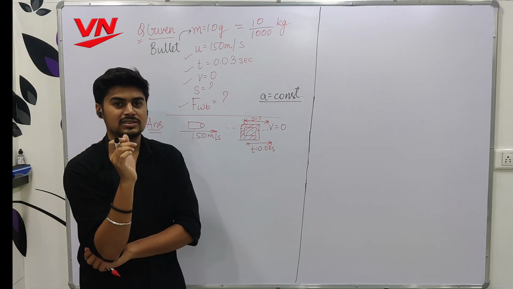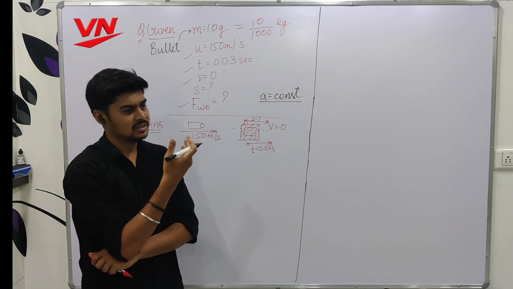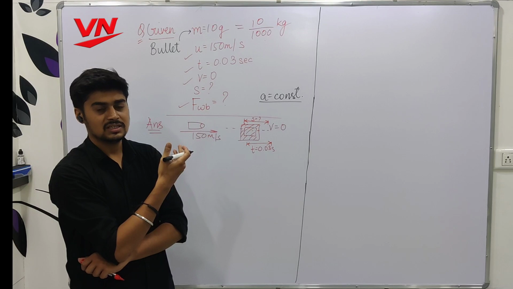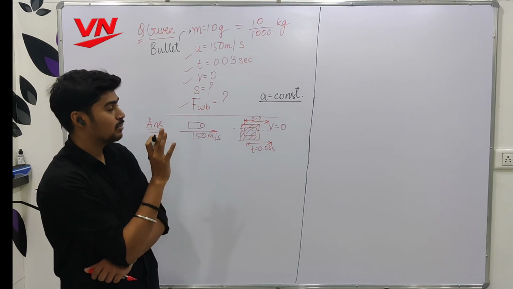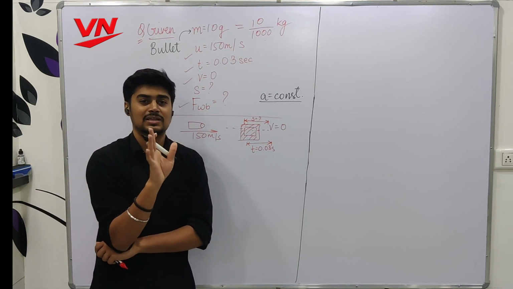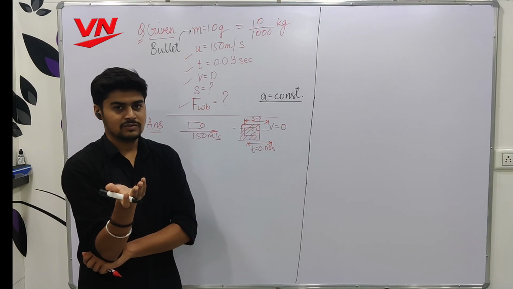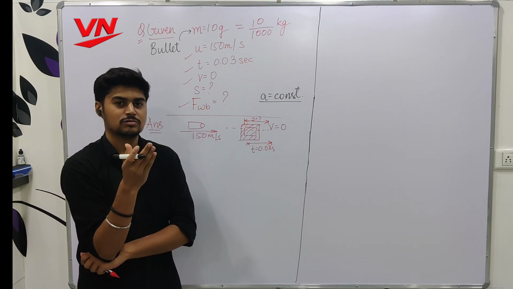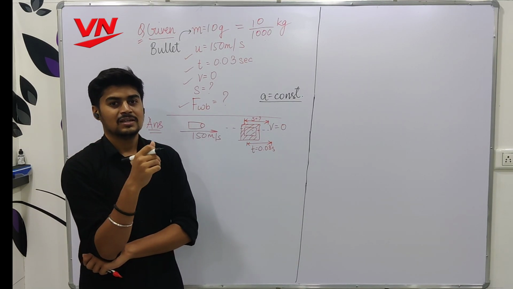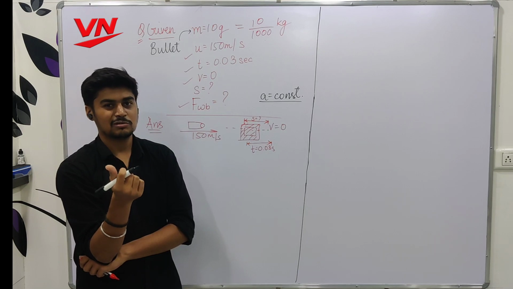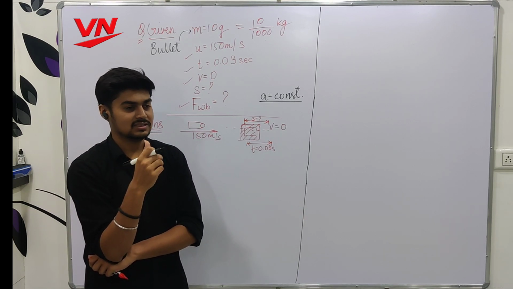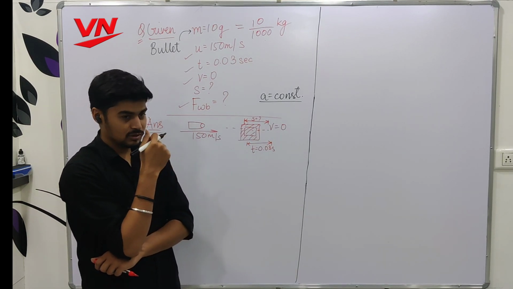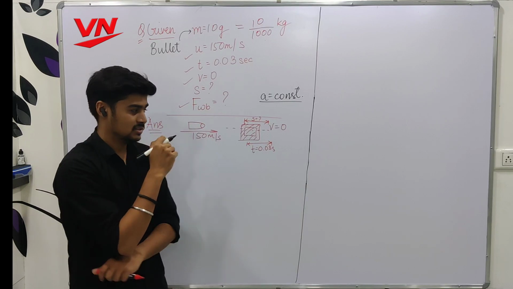S is equal to ut plus half at square, I will need acceleration. Other things I have, initial velocity and time, but to get the value of s I will need acceleration. From the third equation also, v square minus u square is equal to 2as, there are two variables. To calculate s I will need acceleration. So I will try to find the acceleration first.